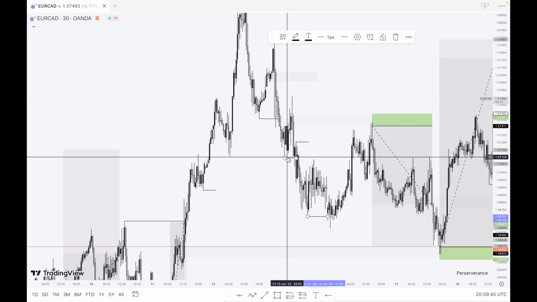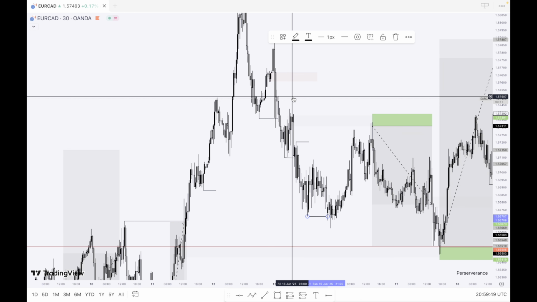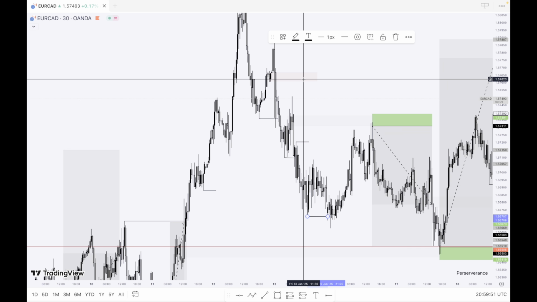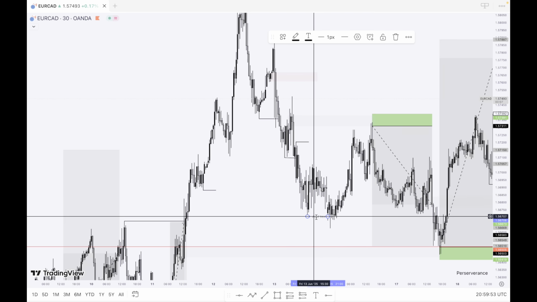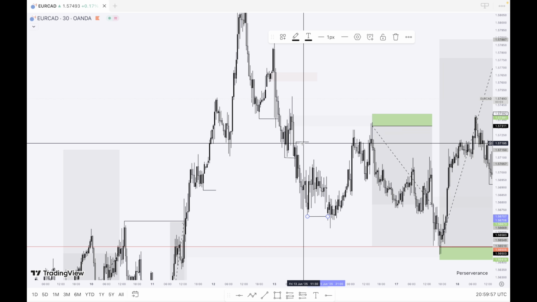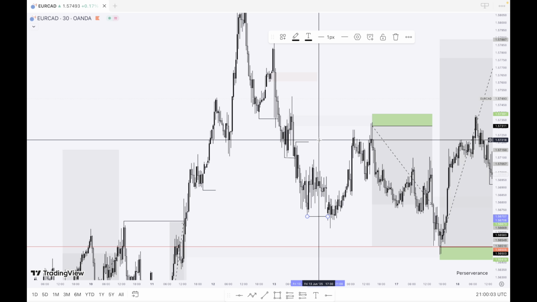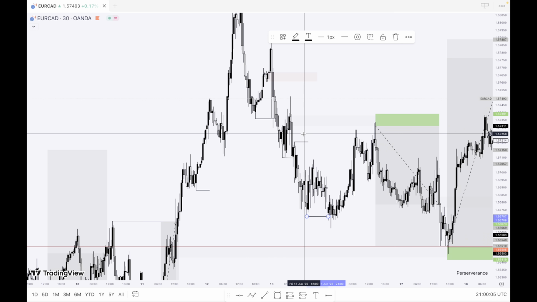This break of structure was for this POI, was for this IDM, and this IDM was the one closest to this POI. Now we had a break of structure. This break of structure is now for this IDM, and this IDM is the one closest to this POI, which means a breaker block. Now this is where the stop loss gets smaller.